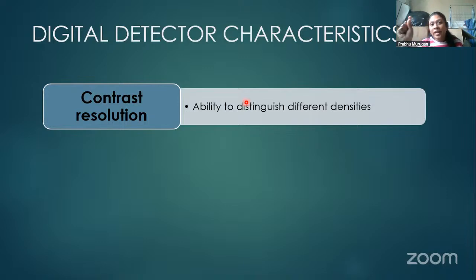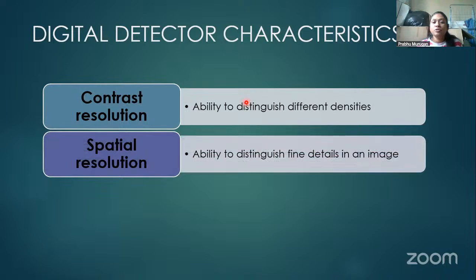Between the white and the black, there are multiple levels, right? So the ability to distinguish between the different densities of the objects is called contrast resolution. Next is spatial resolution. This is the ability to distinguish the fine details, like two closely placed objects. The difference between the two closely placed objects has to be recognized by the X-rays. That is your spatial resolution.